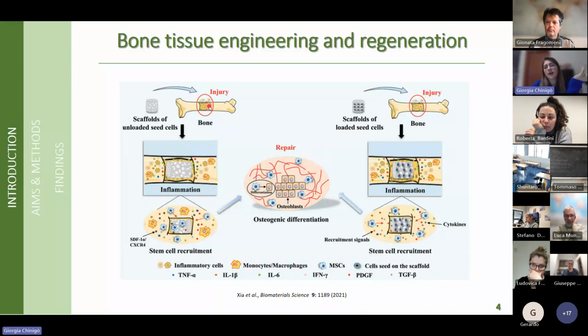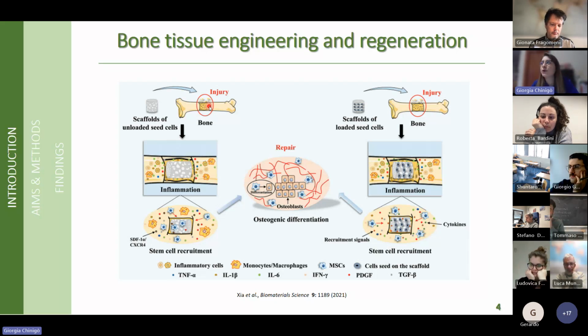The big challenge is to produce biomimetic scaffolds that are able to reproduce as efficiently as possible the complex intercellular interactions that occur physiologically. So basically, as I said before, the inflammation process, the stem cells recruitment, and then osteogenic differentiation.